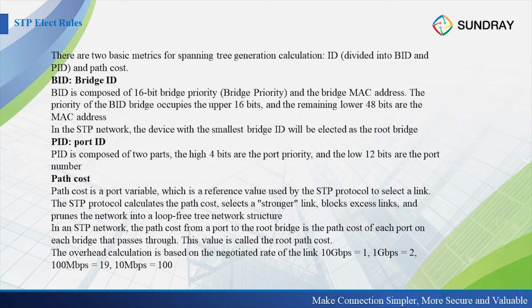So when we compare the port ID, when the port priorities are the same, then we compare the port number, right? The smallest port number with the high priority. And the path cost is a port variable, which is a reference value used by the STP protocol to select a link.